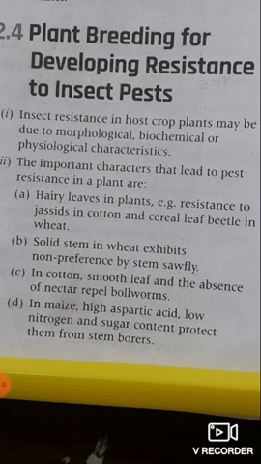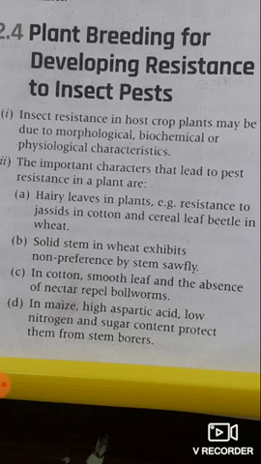For example, hairy leaves: if the leaf contains hair-like structures, the insects and pests cannot directly affect the leaves of those plants, so our plant is protected from them.